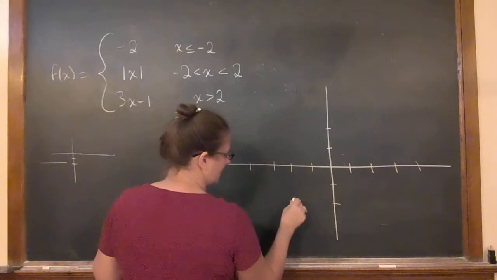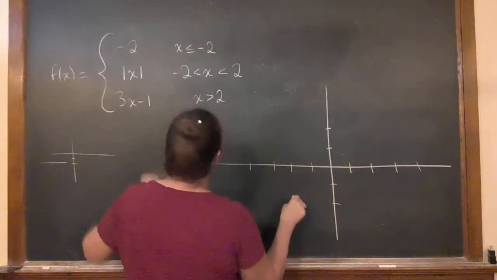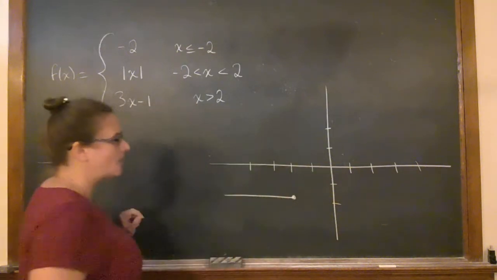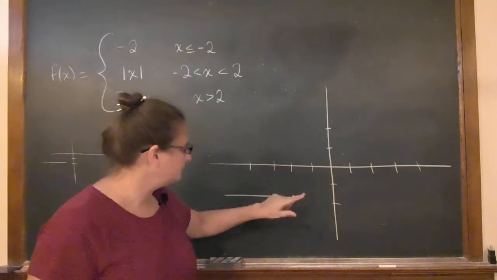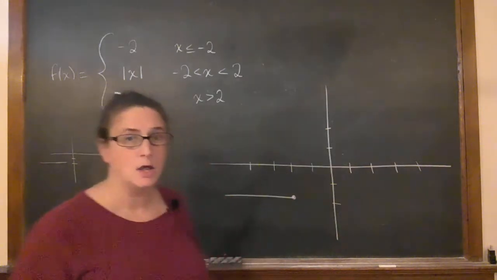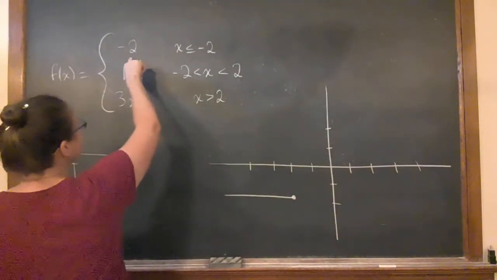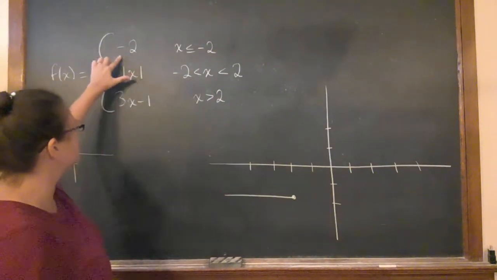So that would be right here. Notice it's also including -2 right there. So I have a closed circle there, which tells me that the point at -2 is still included with this part of the definition.